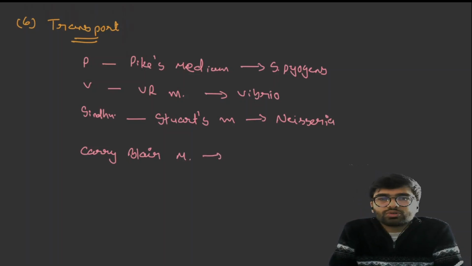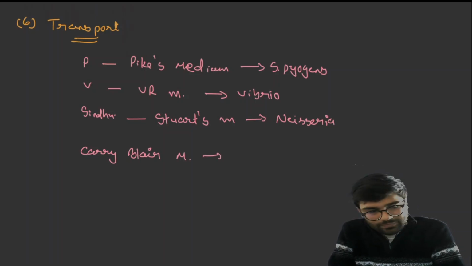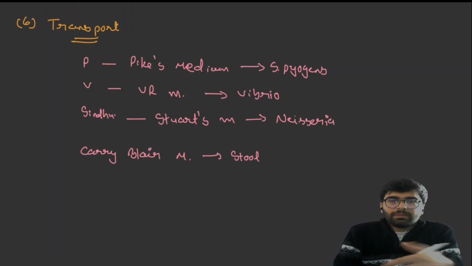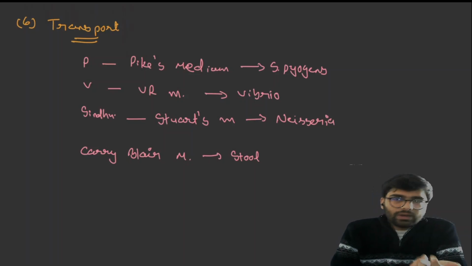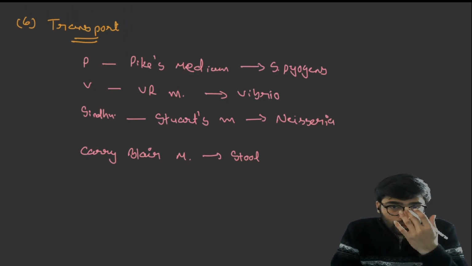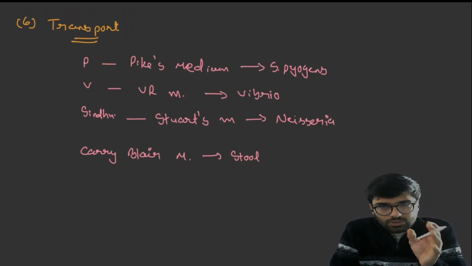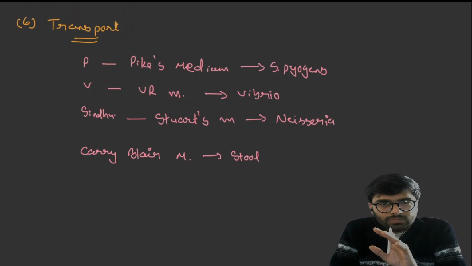Cary Blair is used to transport stools. Now, this stool contains many pathogenic organisms which are responsible for causing diarrhea, dysentery, etc. So in general, you can write this media is used to transport stools. Okay.